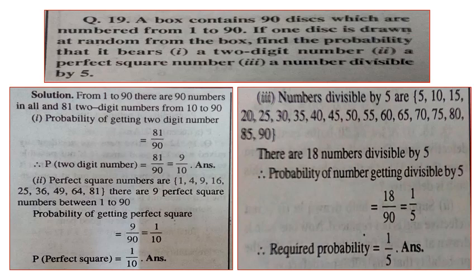Question number 1. Find the probability to get a 2-digit number. From 1 to 90, there are 81 2-digit numbers. Therefore, the probability of getting a 2-digit number is equal to 81 by 90, that is equal to 9 by 10. Question number 2. Perfect square number.